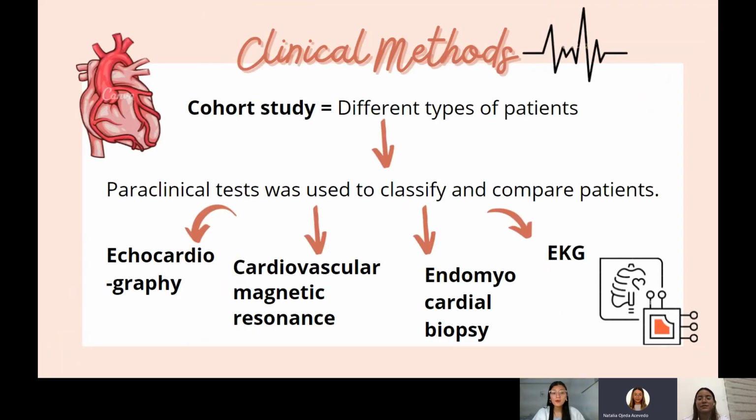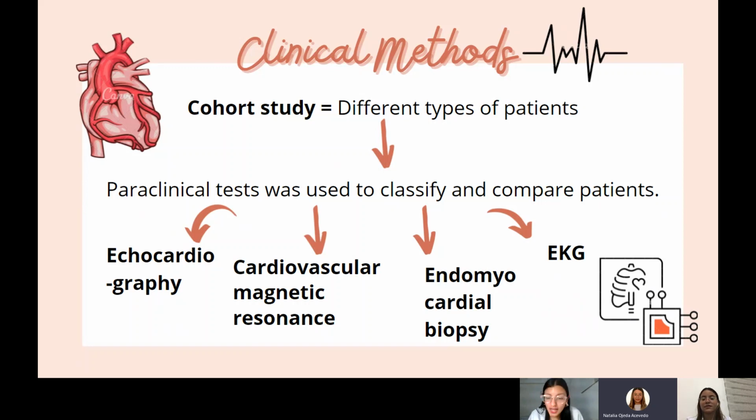Clinical test. The objective of this article was to detect a microRNA for myocarditis. For this, the authors carried out a cohort study that included various populations or types of patients with initially suspected myocarditis.